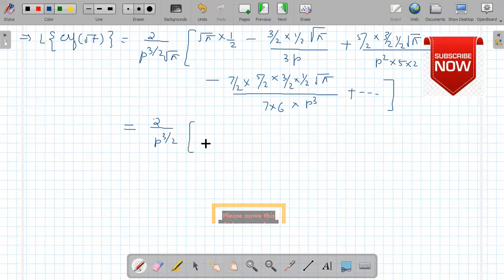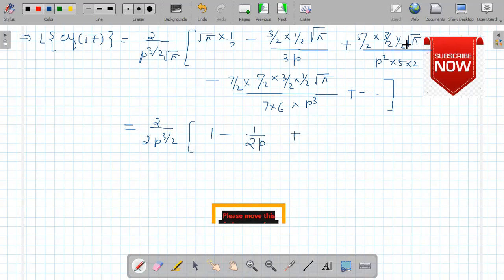You can also take 1 upon 2 common, that will make this 2 cancel with this 2. So here we'll get 1 minus, 3 will cancel with this 3, 1 upon 2p will be left here.